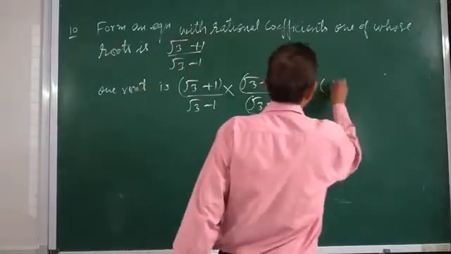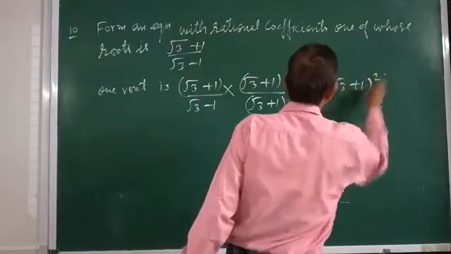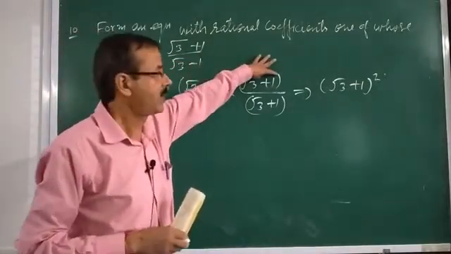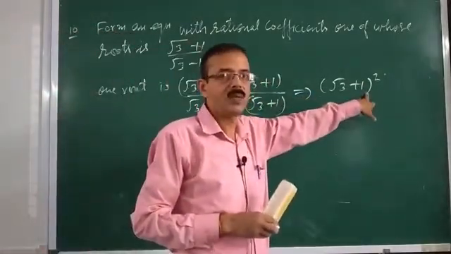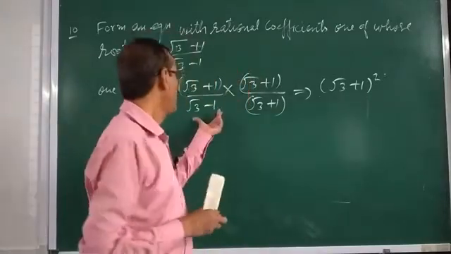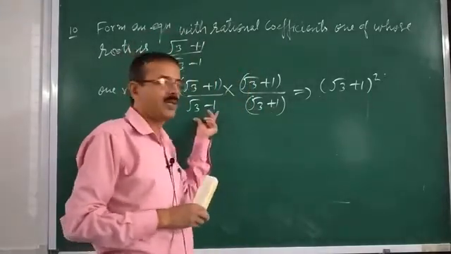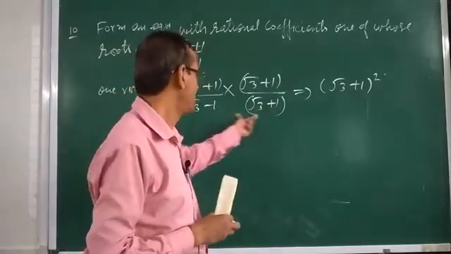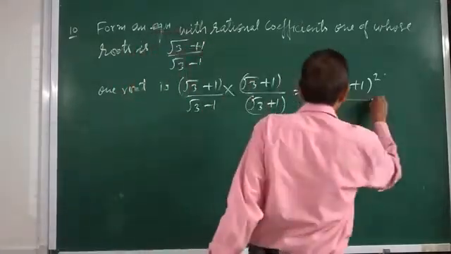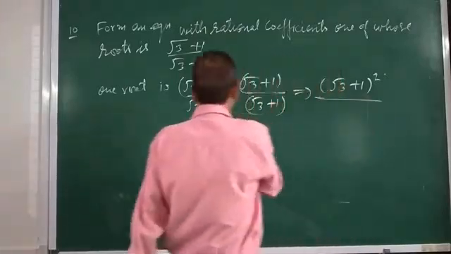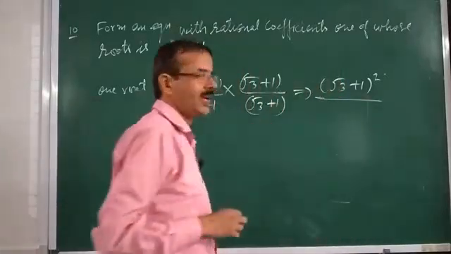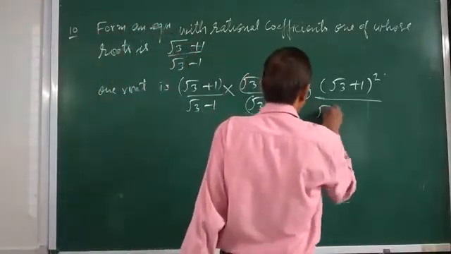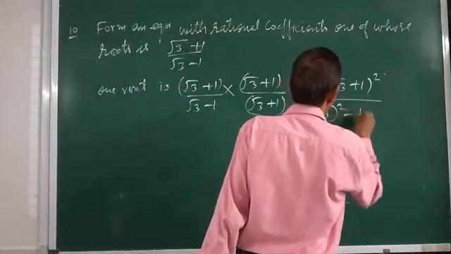So that will be root 3 plus 1 whole square in the numerator. In the denominator, we have (A plus B)(A minus B), which by the identity is A square minus B square, so root 3 square minus 1 square.